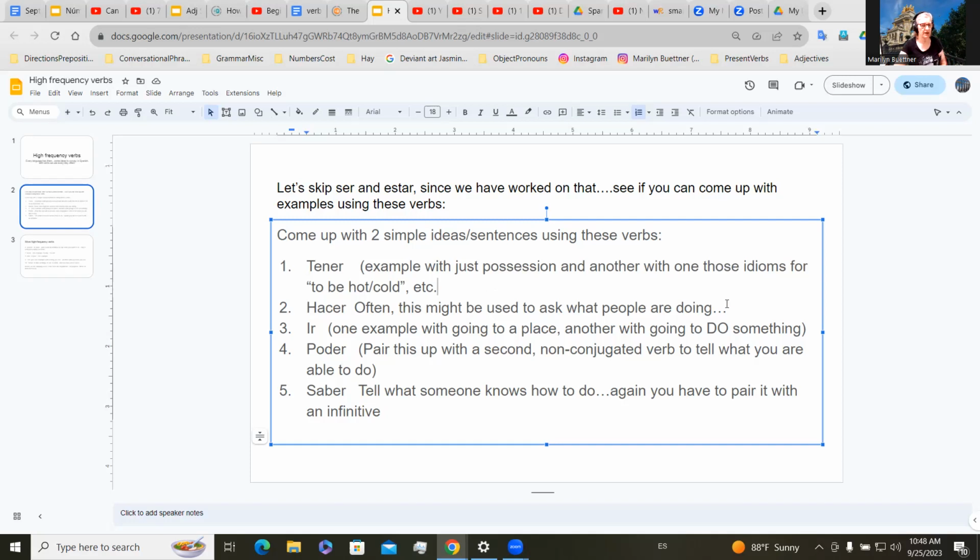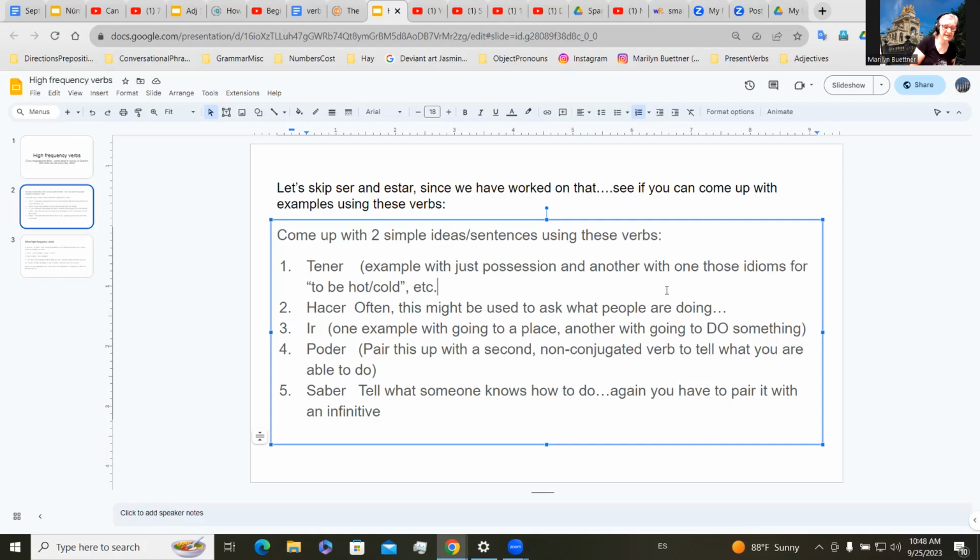Otro ejemplo con tener. ¿Sí o no? Tengo que, homework? No, that's not homework. I can't remember the word for homework. Okay. Oh, tengo que hacer la tarea. Oh, that's right. Yeah.